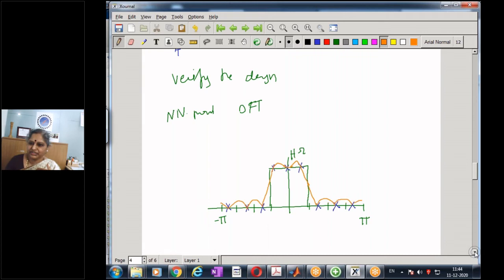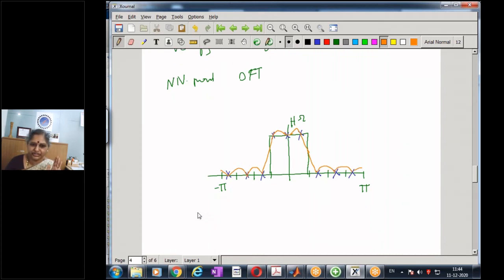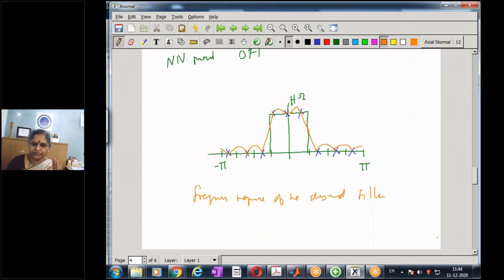The frequency response of the designed filter is exactly equal at the instance of sampling, and in between we have ripples.